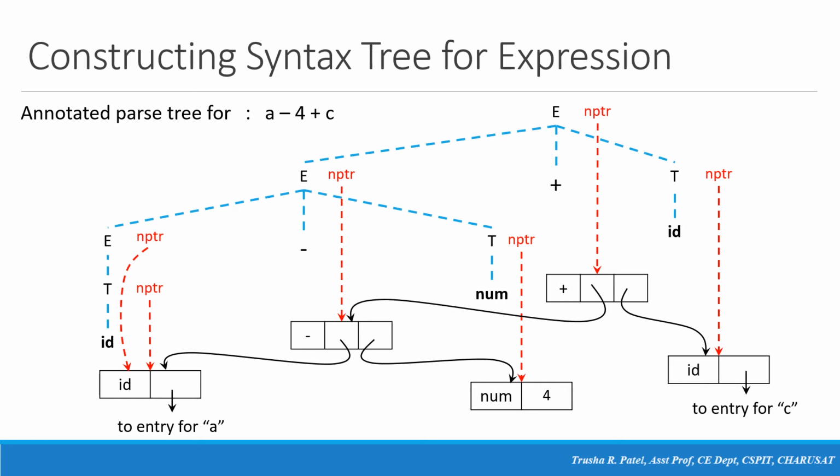The blue color line which I have drawn is your parse tree, and with the red color lines I have indicated the annotated parse tree. So it's not compulsory that your attributes always have certain values; attributes can also be pointers, and these pointers point to certain memory locations or nodes.